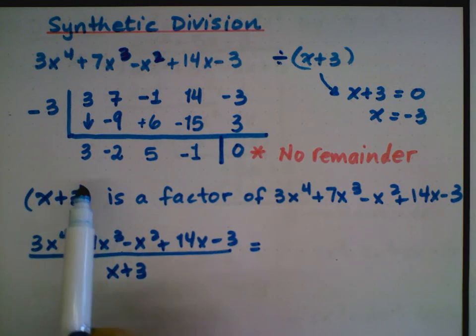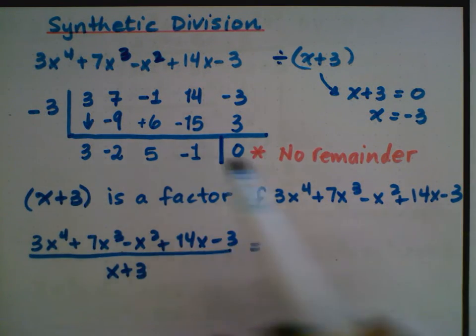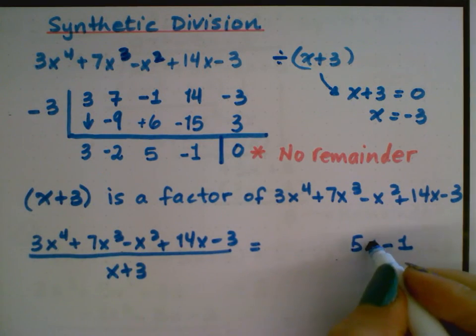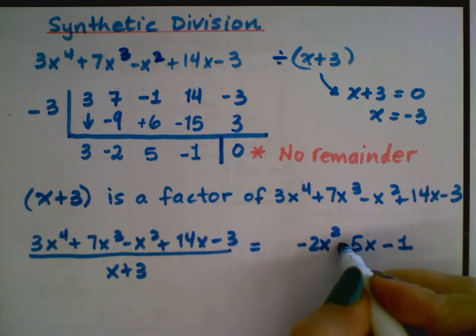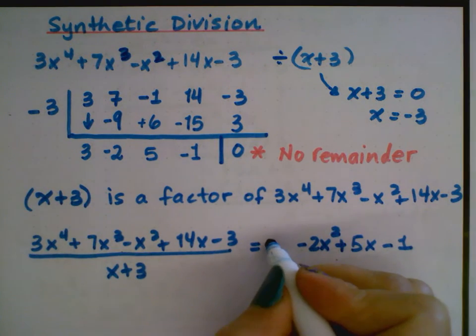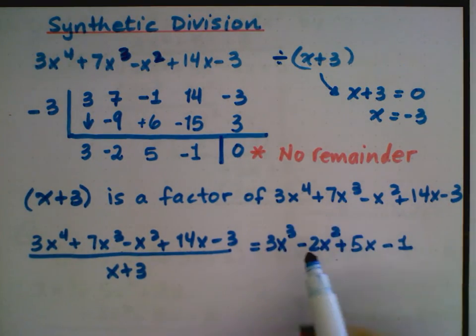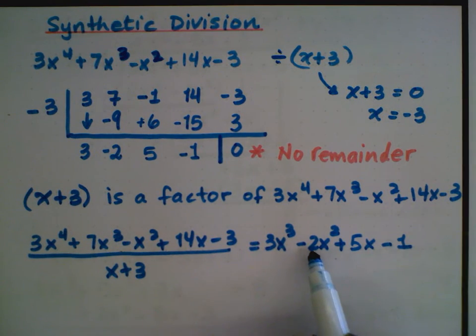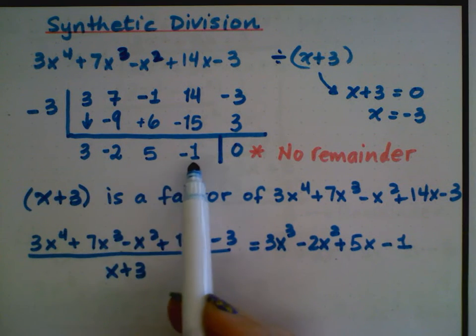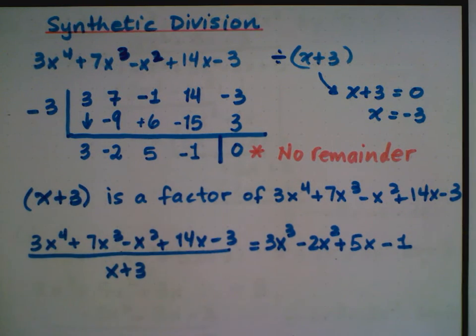The answer to that, or the quotient, is constant of -1, linear term is 5x, quadratic term is -2, and then cubic term, 3x cubed. So notice it's descending order of powers of x in my result. The 3, -2, 5, -1 came from underneath this bar as we went through. So it's giving me 2 pieces of information that are quite useful.